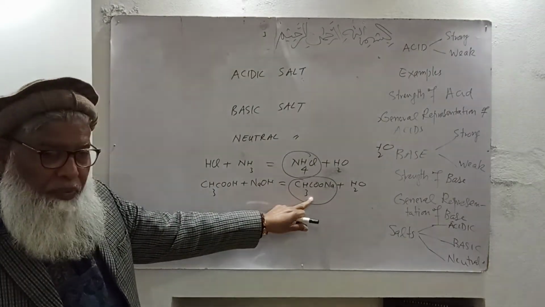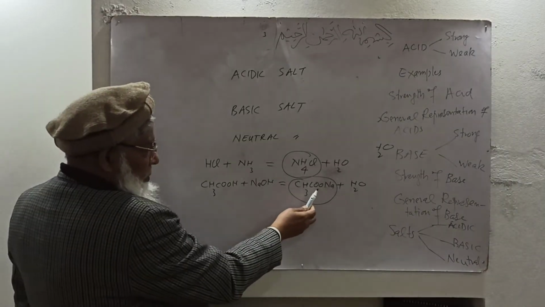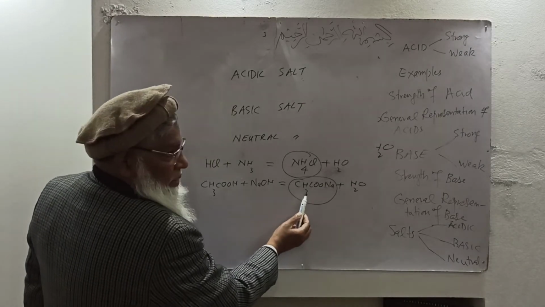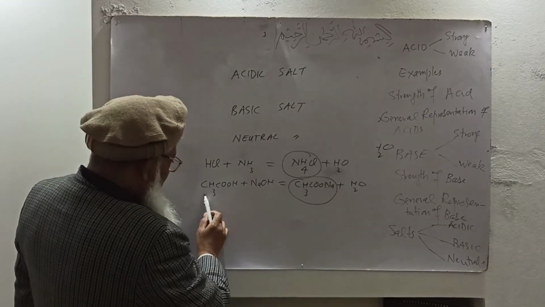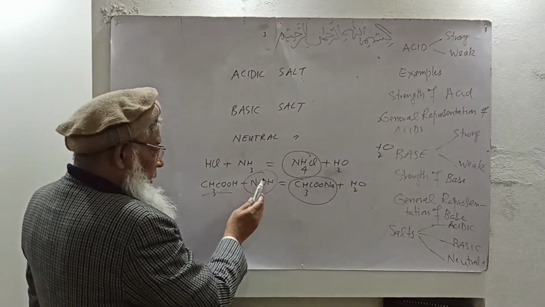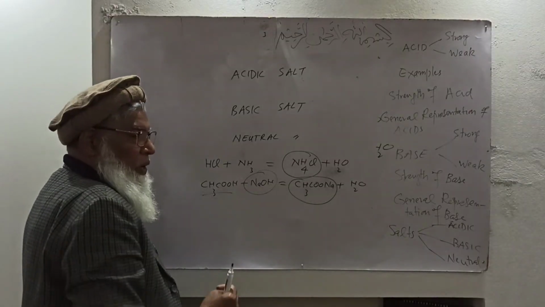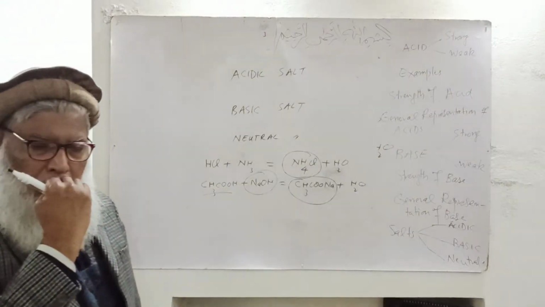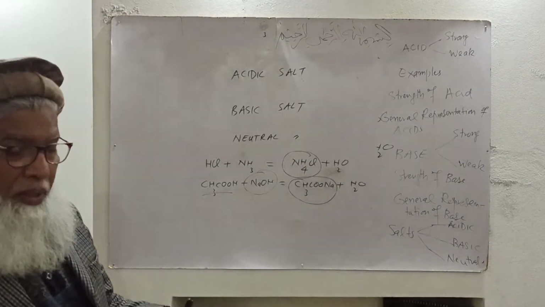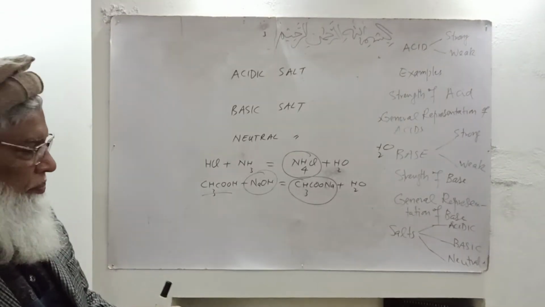Why is it known as a basic salt? When sodium acetate is added to water, on hydrolysis a weak acid and a strong base are formed. This strong base is completely ionized. So here hydroxyl ions are in excess. Because hydroxyl ions are in excess, the solution is basic in nature.